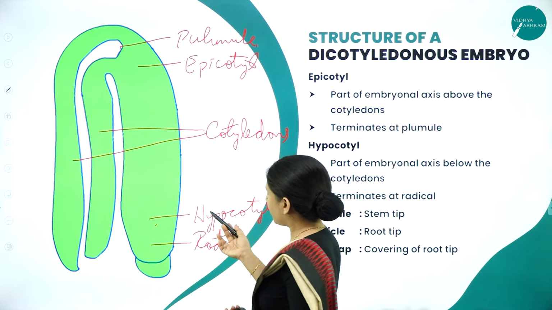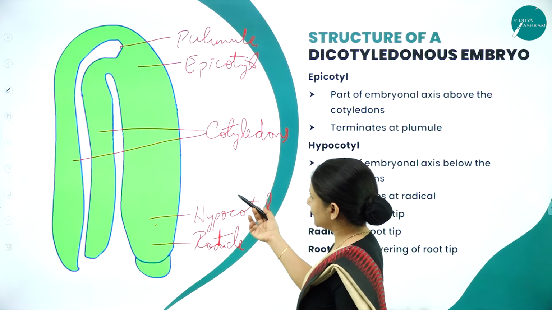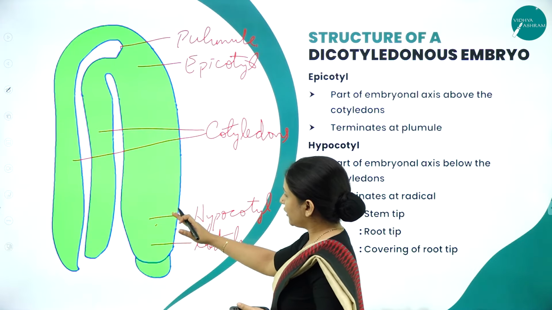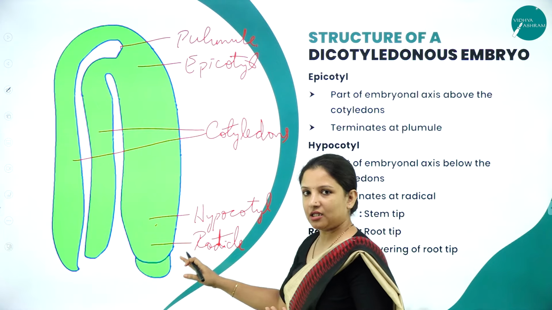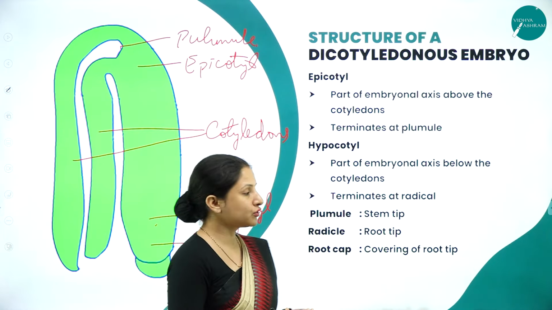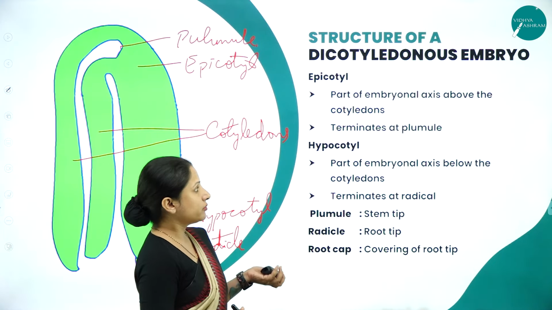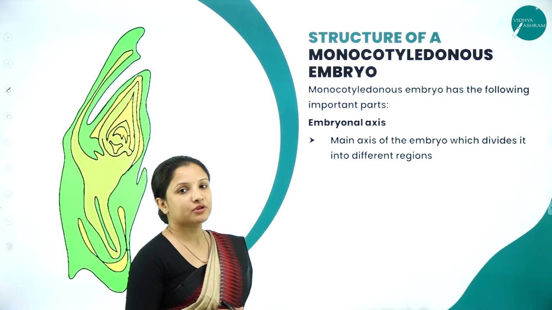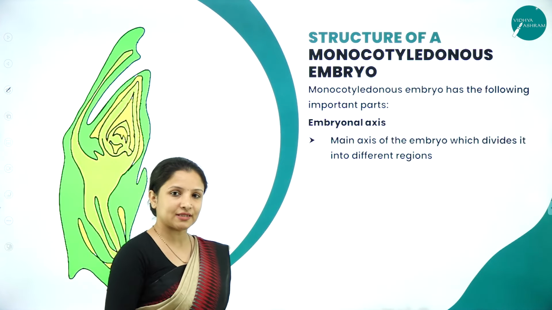Next, the hypocotyl region is present below the cotyledons, and below the hypocotyl is present the radicle, and the radicle gives rise to the root development. So now we know about the epicotyl and the hypocotyl. Moving further, let's study the structure of a monocotyledonous embryo.